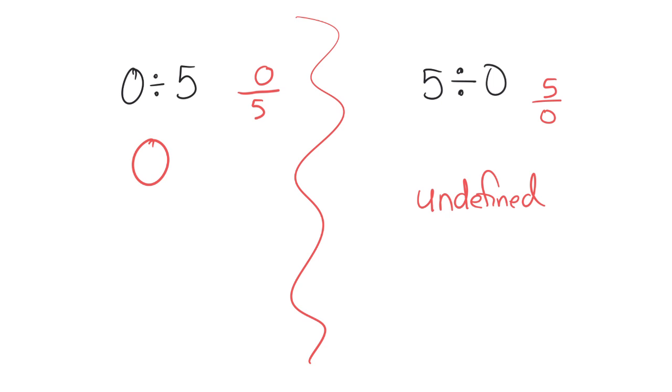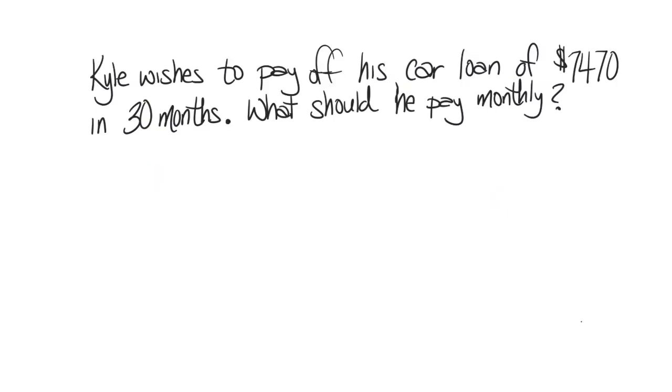Okay, I have a couple more that are not just straightforward division, but more like some sort of scenario given to you that you then have to use division to solve. Here's one I found in the practice part. It says, Kyle wishes to pay off his car loan of $7,470. He wants to pay it off in 30 months. What should he pay monthly? Well, I've got to take the total of that car loan and divide it into 30 monthly payments.